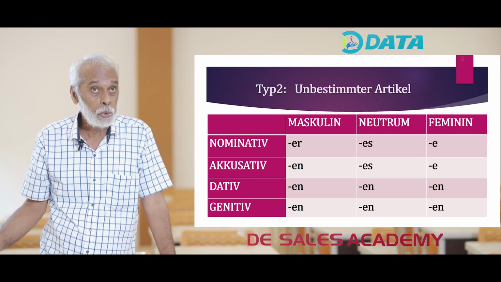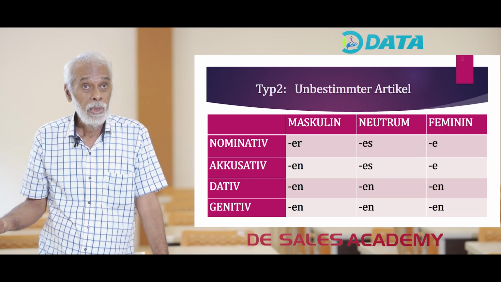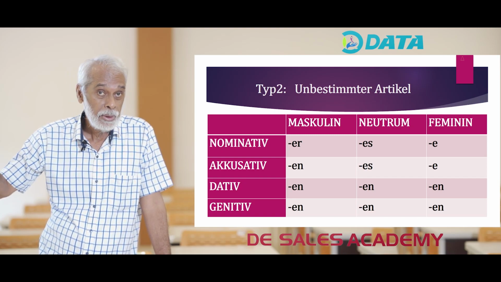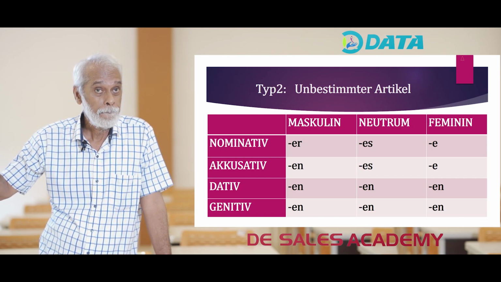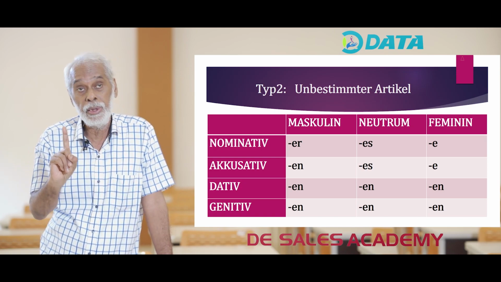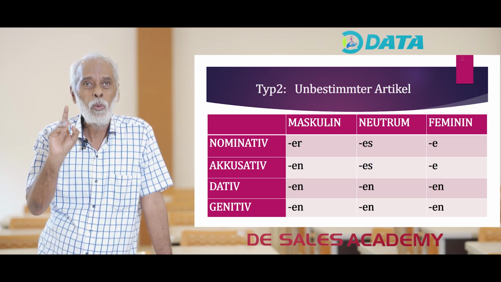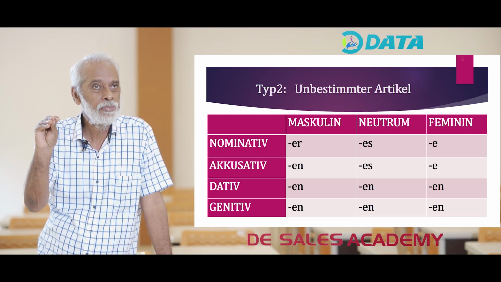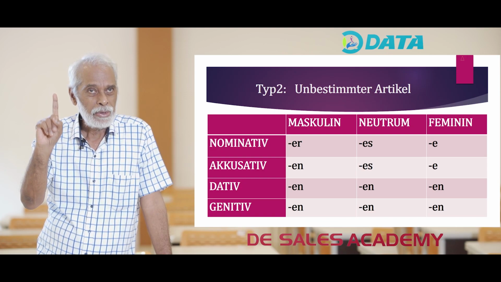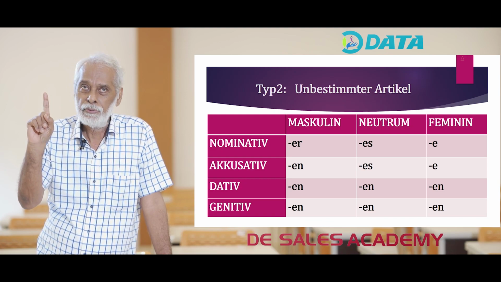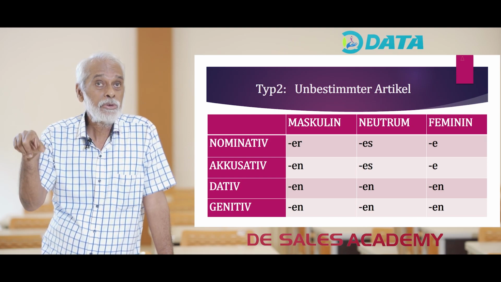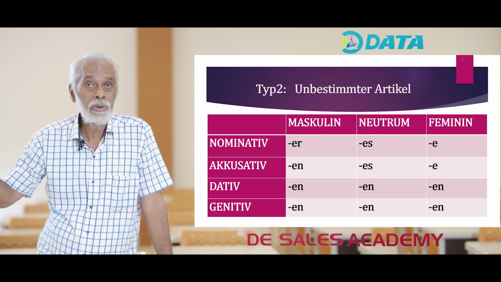Coming to type 2, again dative and genitive completely en, and accusative masculine is also en. There are only 5 exceptions: nominative masculine, nominative neutral, nominative feminine, accusative neutral, and accusative feminine.